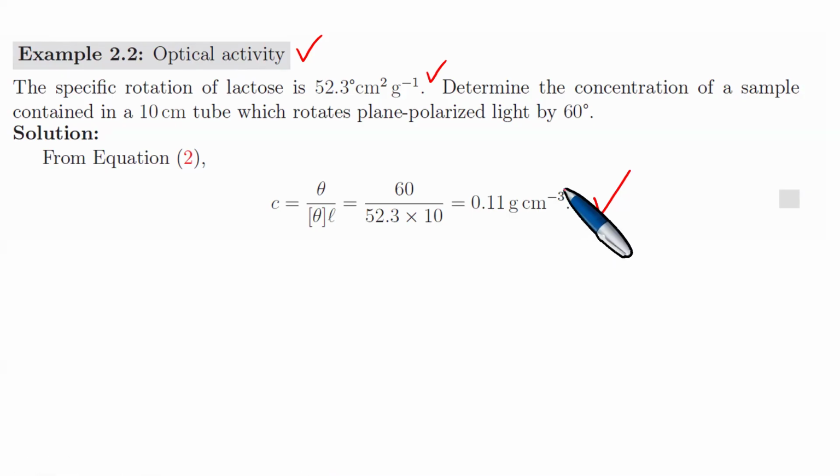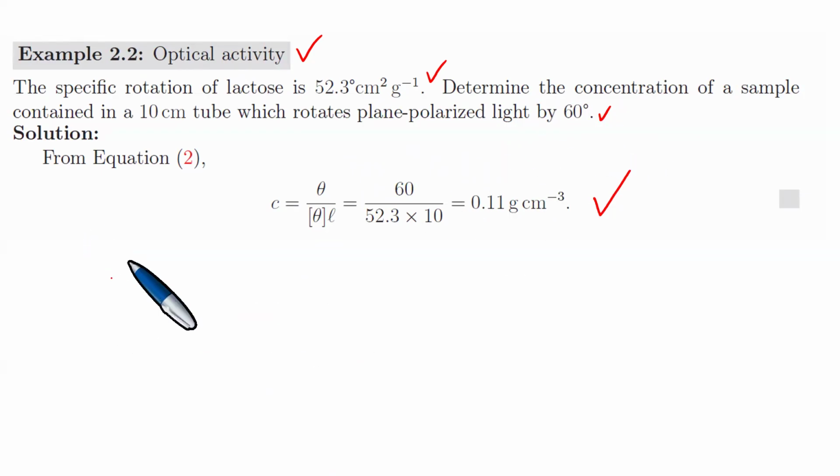Now determine the concentration of a sample contained in a 10 centimeter tube, which rotates plane polarized light by 60 degrees.